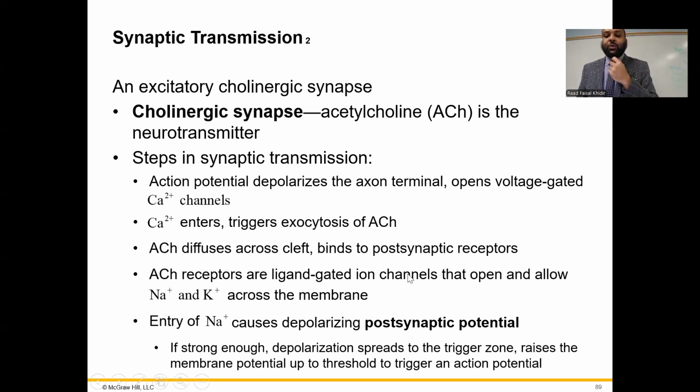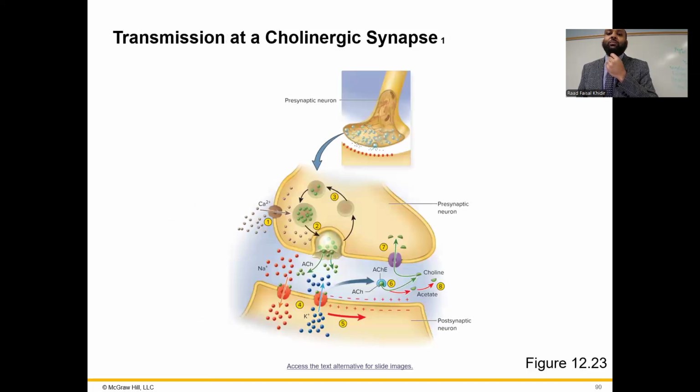The entry of sodium causes a depolarizing postsynaptic potential, and if strong enough, that depolarization spreads to the trigger zone and raises the membrane potential up to the threshold to trigger an action potential.